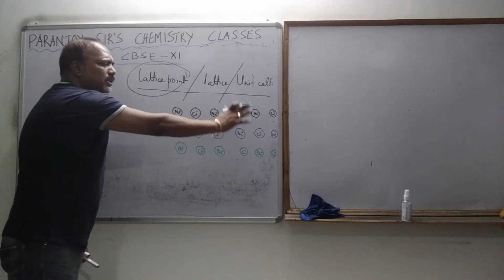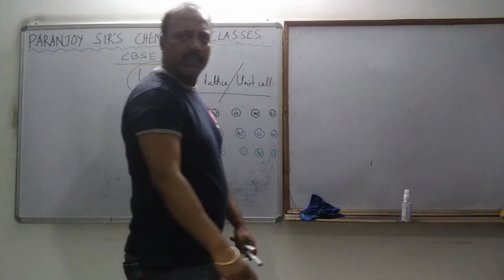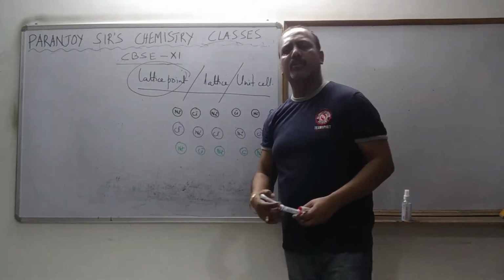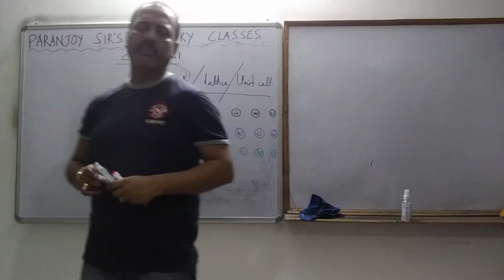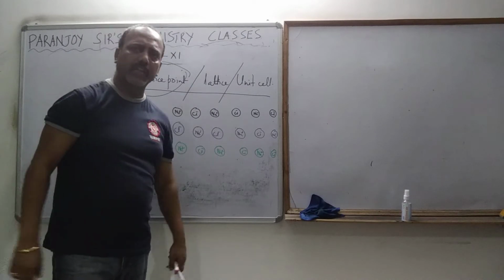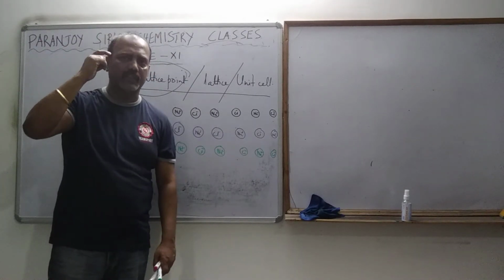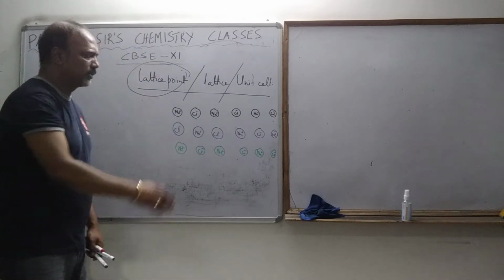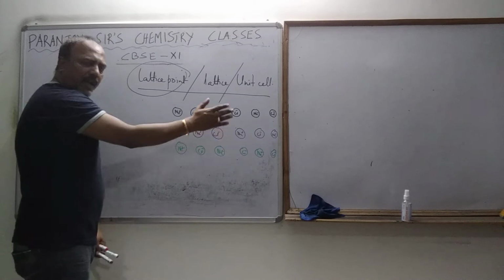So is this the two-dimensional arrangement of the lattice points? You tell me first. That's the two-dimensional arrangement of the lattice points. Now you have to visualize the three-dimensional arrangement. One more layer is here. It's very tough for you to see my three dimensions.